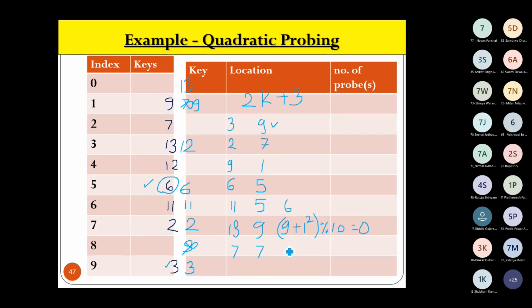So collision has occurred. So how to resolve it? Using quadratic probing, it is 7 plus 1 square, that is 8. 8 mod 10 is 8. So 7 should be located at position 8.